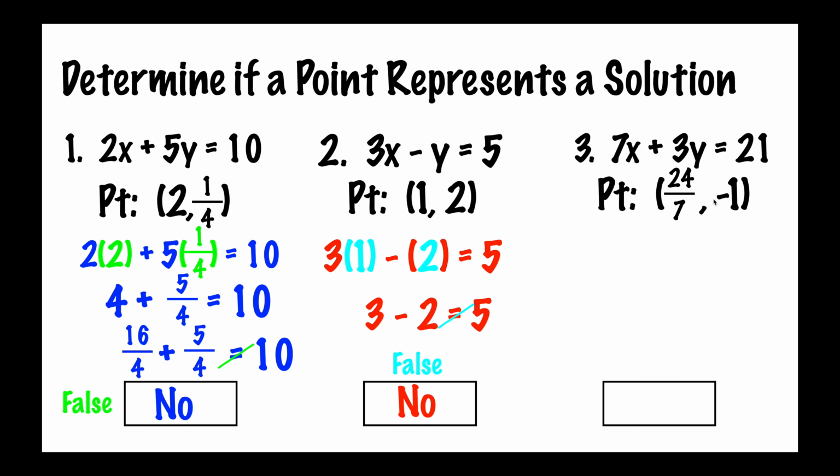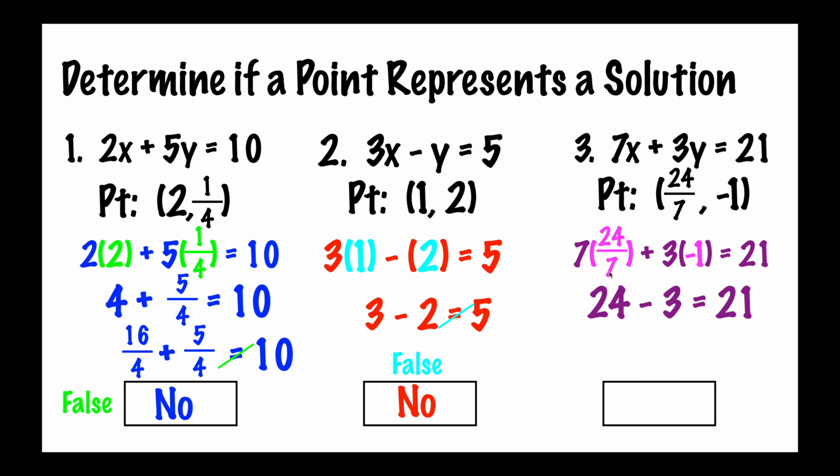For our final one, again, we're going to plug in these values here. So I end up with 7 times 24/7 plus 3 times -1 for y is equal to 21. Now, don't be intimidated by this step right here. When we're multiplying 7 times 24/7, what ends up happening here is that this 7 is considered the numerator, and this is the denominator. So they're going to cancel.